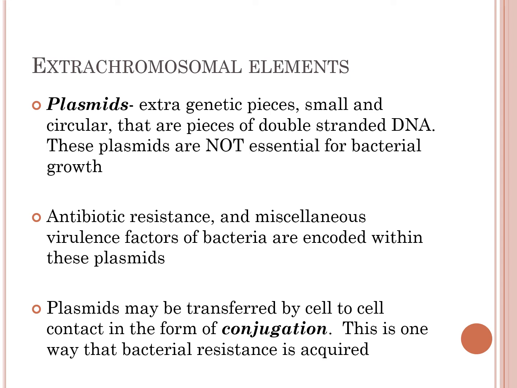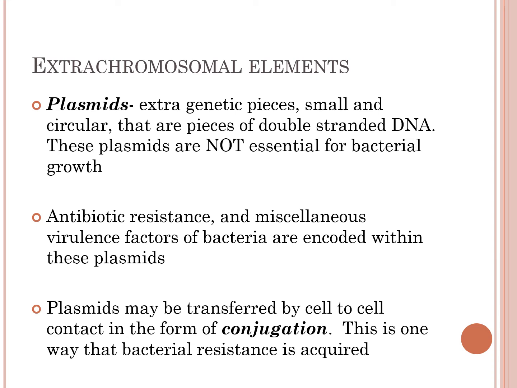Extra chromosomal elements are things that we need to talk about, and one such extra chromosomal element, something that originates outside of the nucleoid, would be plasmids. Plasmids are extra genetic pieces. They are small and circular, and they are pieces of double-stranded DNA. These plasmids are not essential for bacterial growth.